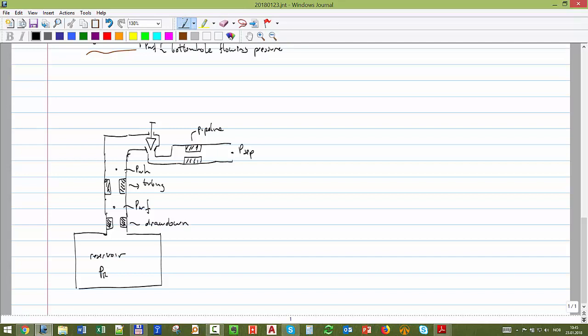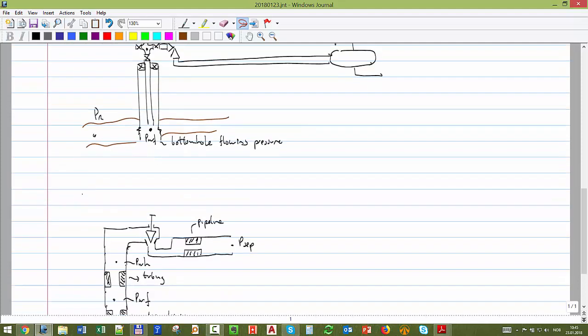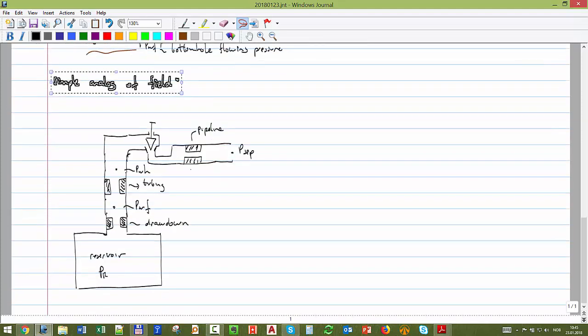So that's the mechanical analog, or the simple analog, of a field. And I can operate this field in two ways.